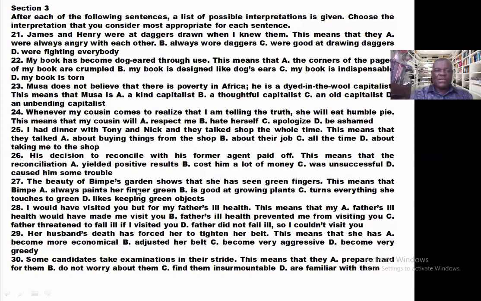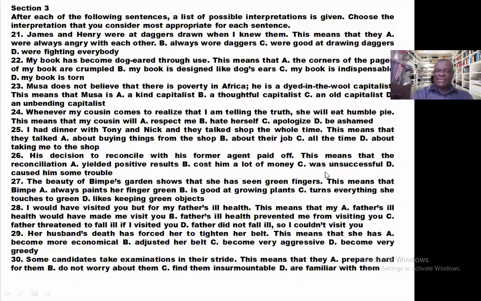27, the beauty of Bimpe's garden shows that she has green fingers. Now, again, another instance of imagery here. When we talk of green, we are talking about the garden, all right? We are talking about planting trees. We are talking about agriculture. That's the image, green.